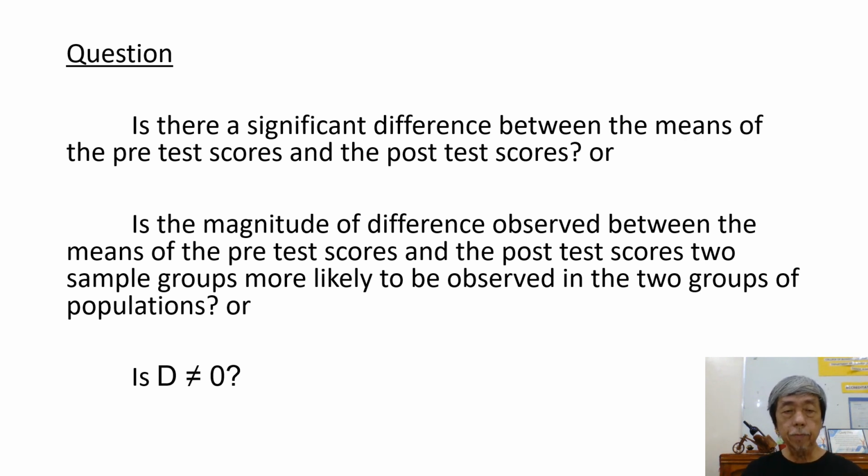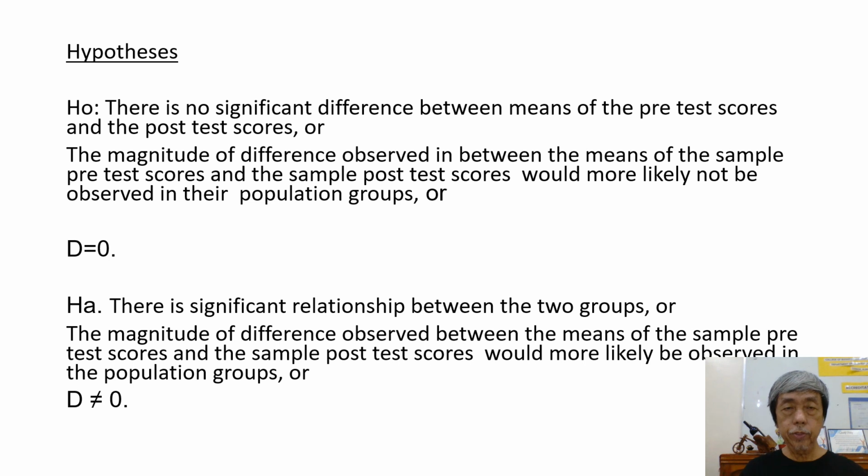Or is the population difference not equal to zero? Our hypotheses are, for the null, there is no significant difference between the means of the pretest scores and the post-test scores, or the magnitude of difference observed in the samples would more likely not be observed in the populations, or the population difference is equal to zero.